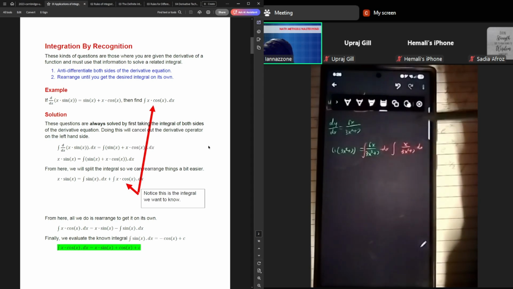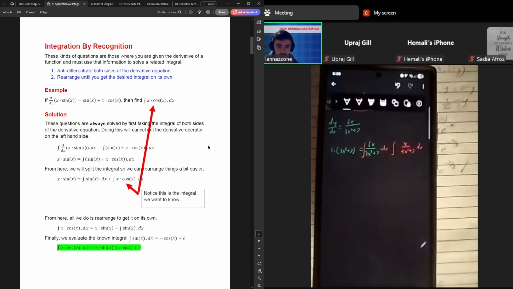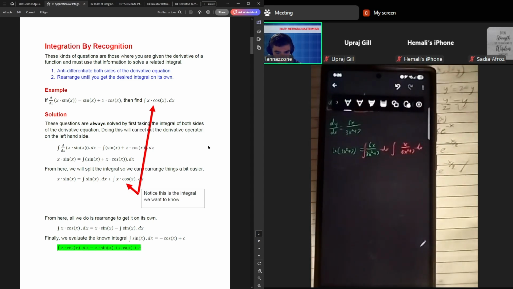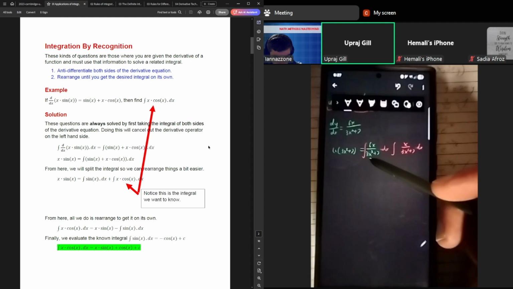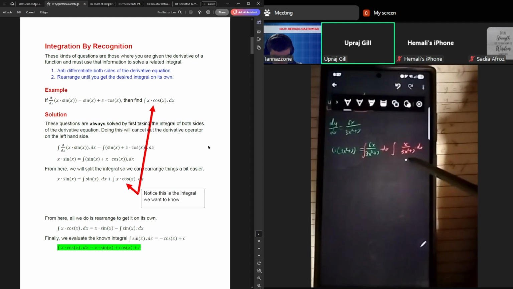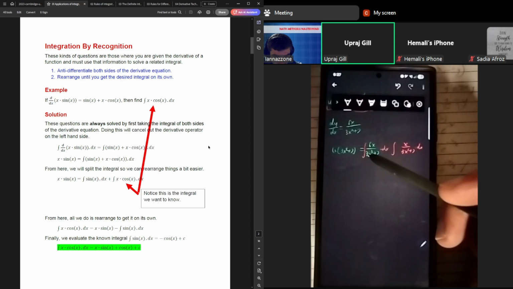We'll put them back afterwards, but for now, if you just wanted that, what do you think you'd have to do? I can see the only difference between the 6x over 3x squared plus 7 is that the one has a multiplier of 6.